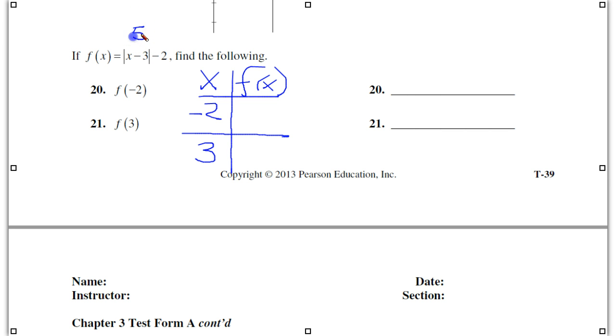So we have 5 minus 2 will be a 3. So for 20, it's going to be a 3. And then here, if you have a 3 there, 3 minus 3 is 0. Absolute value of 0 is 0, and you just end up with a -2. So again, some real easy ones, as long as you have a strategy to figure them out.